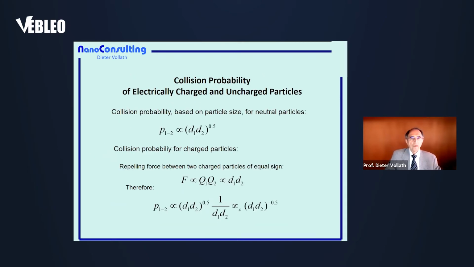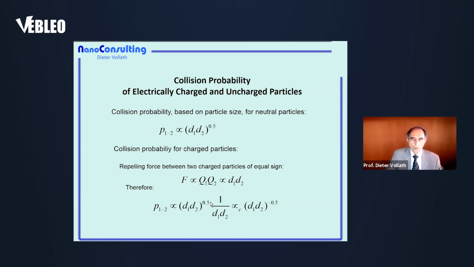Now, how are the particles set up? In the case of conventional gas phase processes, the probability that two particles are colliding and forming a larger one is proportional to the square root of the product of the diameters. In case of electrically charged particles, the things are a little bit more difficult.